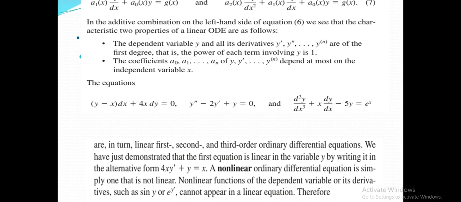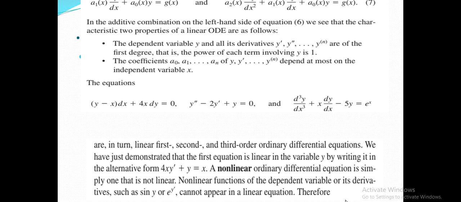A non-linear ordinary differential equation is simply one that is not linear. It has a non-linear function of the dependent variable or its derivative, such as sin y or a power of y, that cannot appear in a linear equation.